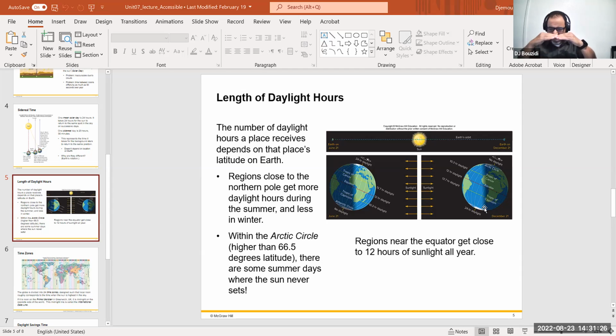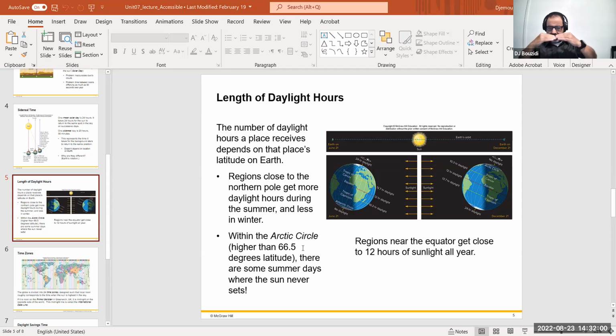Now, above a certain point in latitude, as a matter of fact, 66.5. Where did we get 66.5? Remember, you have 90 degrees going from zero, from the equator all the way to the North Pole, which is 90 degrees. Okay, the Earth is tilted by 23.5 degrees. So for any location that is 23.5 degrees from 90 degrees, 90 minus 23.5 is exactly 66.5 degrees.